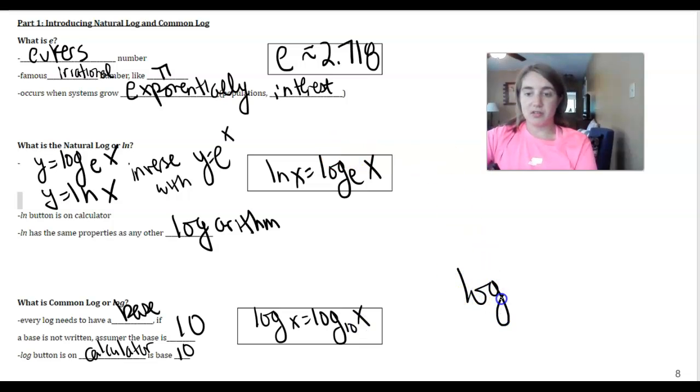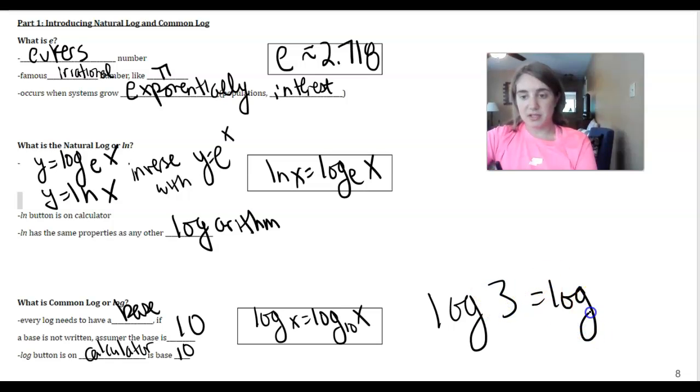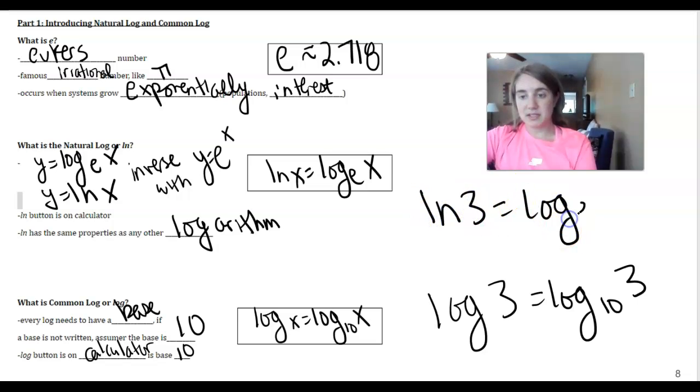So if you see log of 3, that is the same as log base 10 of 3. If you see ln of 3, that's the same as log base e of 3. So our calculator also has a log button and an ln button, and we're going to start doing this in our calculator.